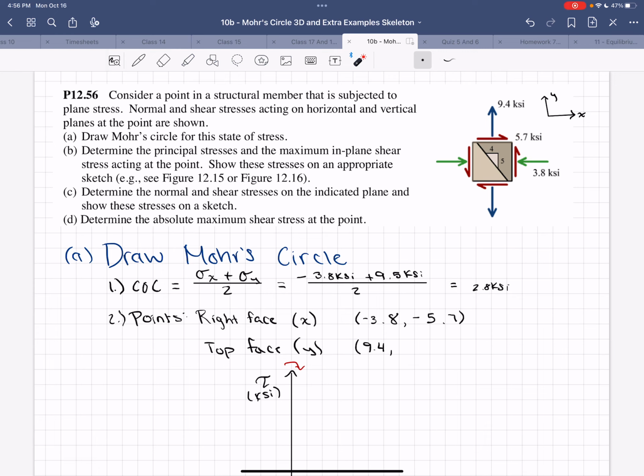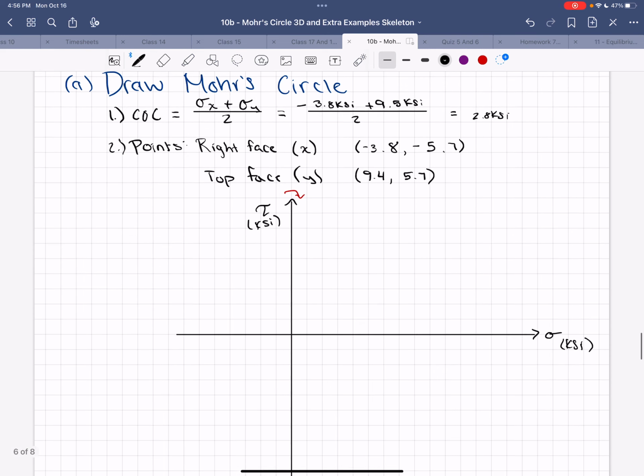Since they are 90 degrees apart, they have to be opposite in sign. So that one's going to plot above the normal stress axis, so it'll be positive 5.7. Now we can draw these things.